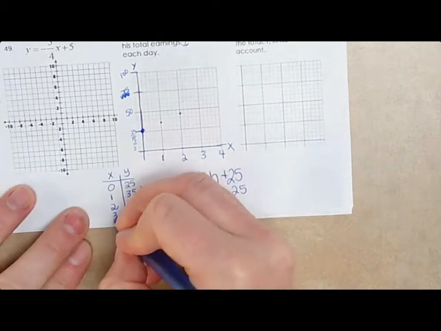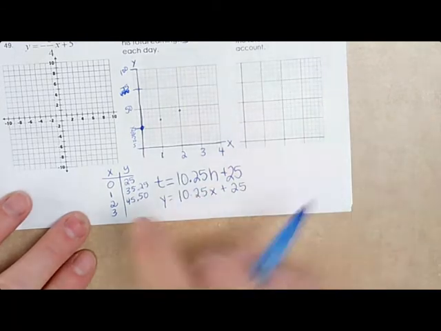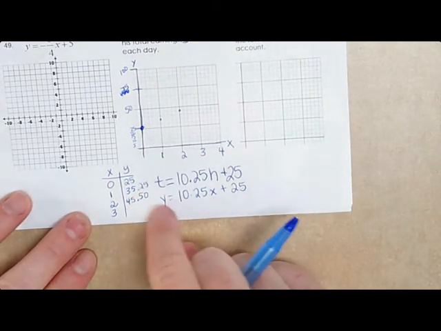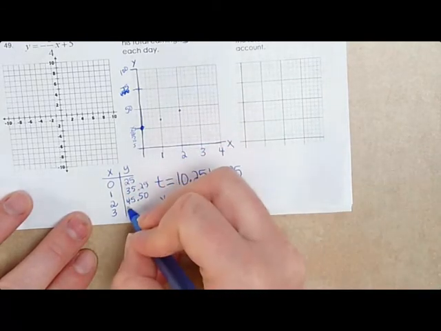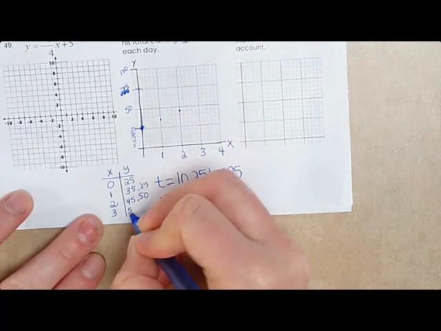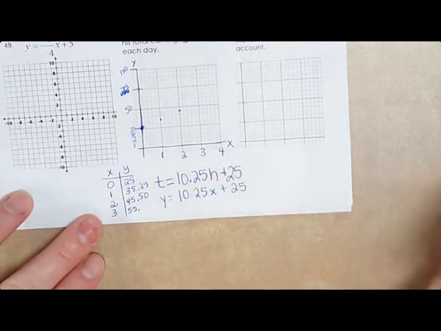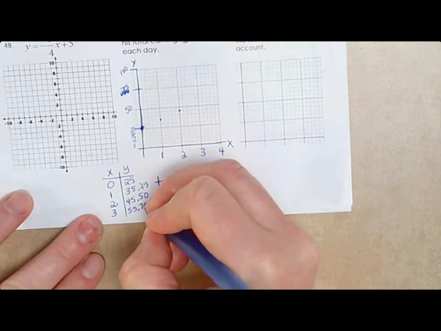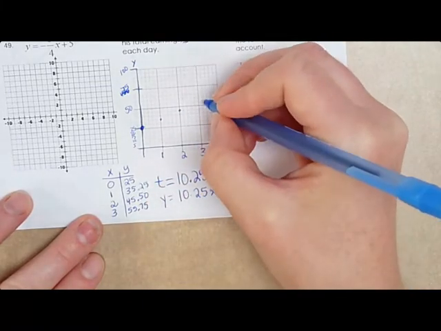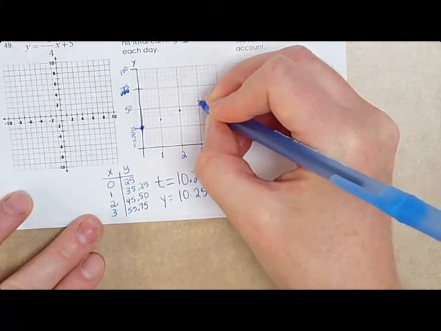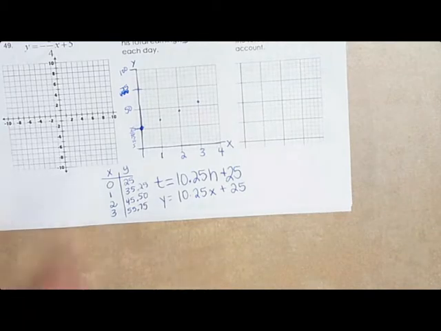Okay, and then 3. So we're adding a constant of 10.25 per 1 hour. So this would be what? 55.75. Okay, and then you're going to graph it.